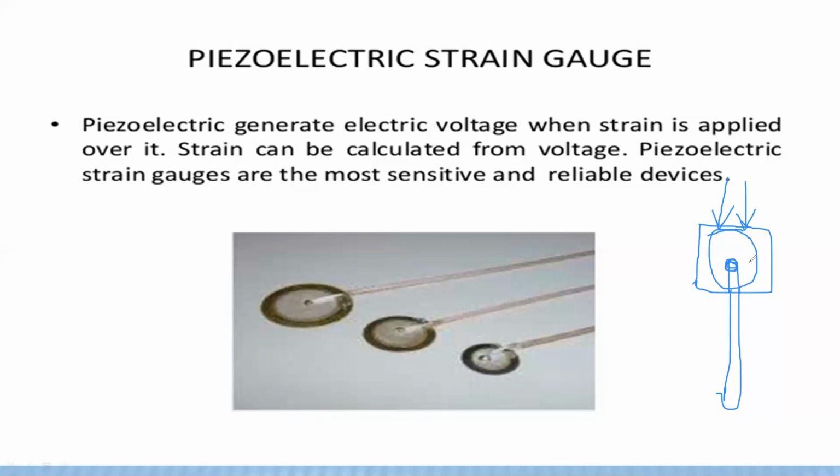So the piezoelectric strain gauges are the most sensitive and reliable devices. The most sensitive means it can measure a high amount of strains or different amounts of stresses or pressures acting on that body, but when the breaking point or the maximum point is reached, the strain gauge will be broken.